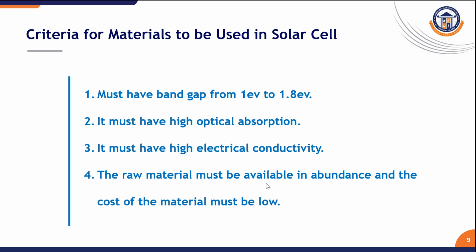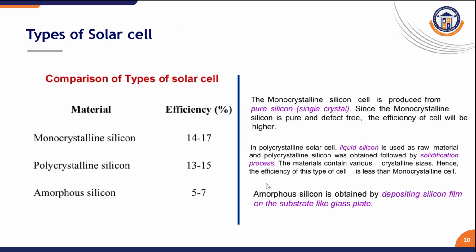So these are the main criteria for choosing a material to fabricate the solar cell. Also, silicon fits these requirements well, which is why it is the most widely used.